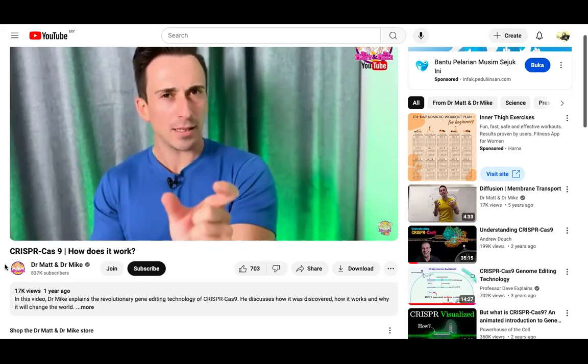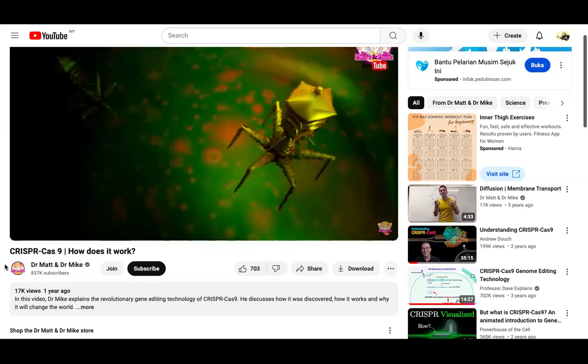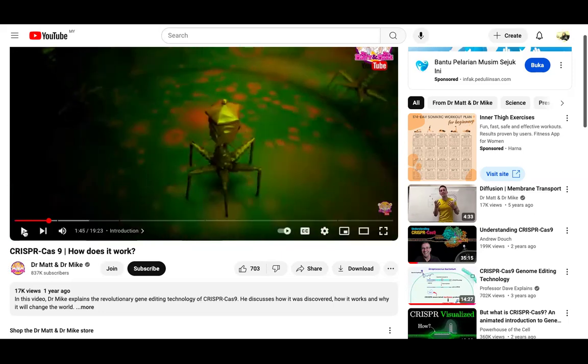These spaces were actually fragments of viral DNA. Remember that I mentioned just now, when a virus infects the bacteria, a certain sequence of the viral gene is copied into the bacterial DNA sequence.